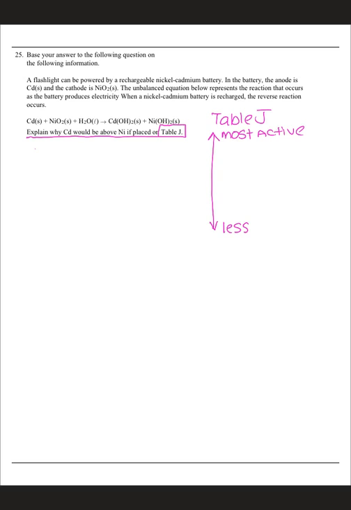So these are less active, less reactive. And it's telling us Cd would be above Ni. And why would that be? So our answer would simply be Cd is more active or reactive, either word is fine, than Ni. That's all we have to put.